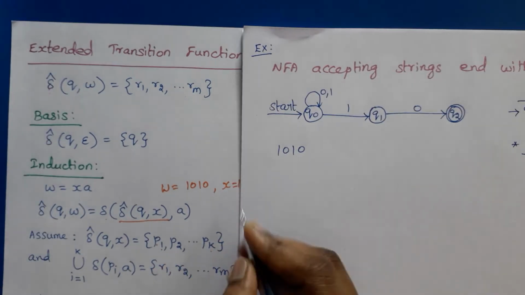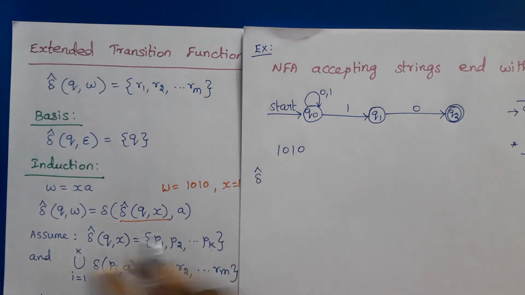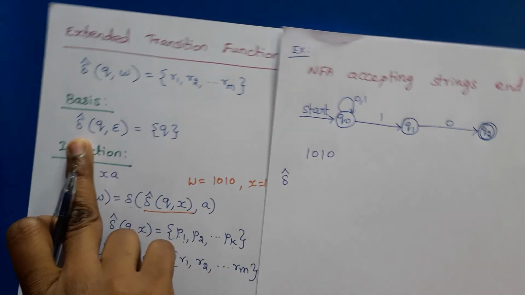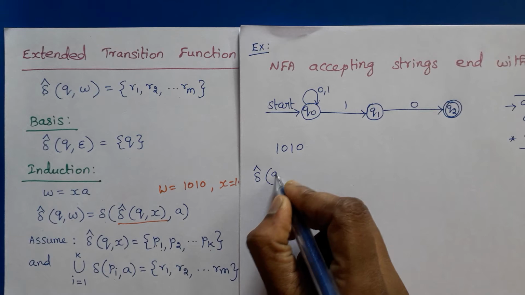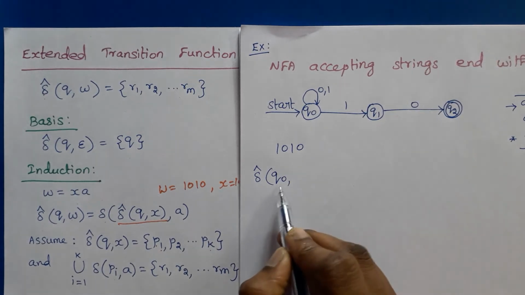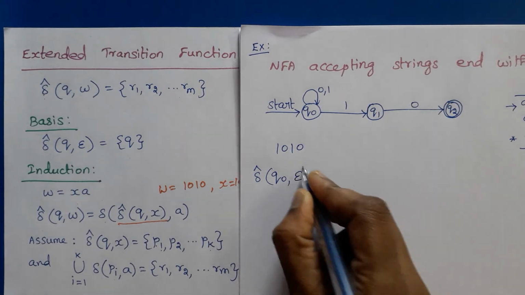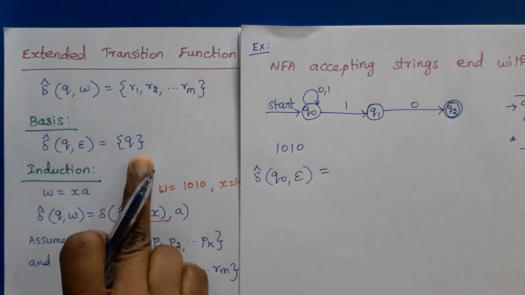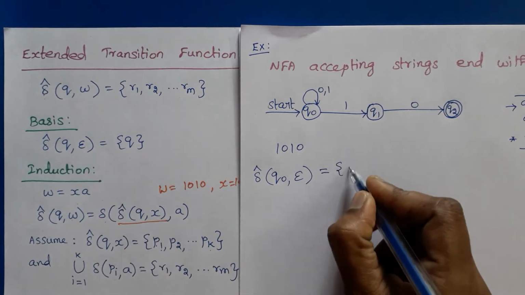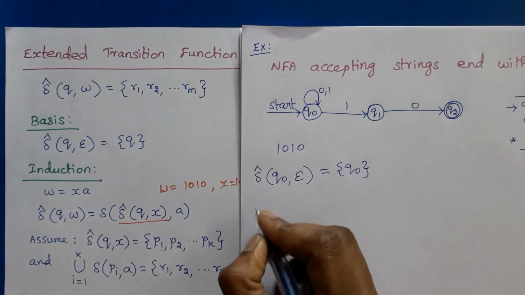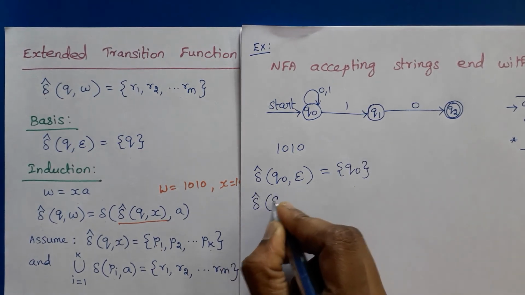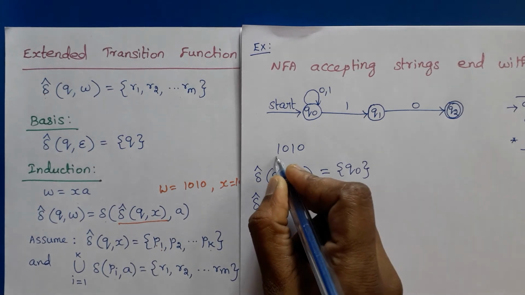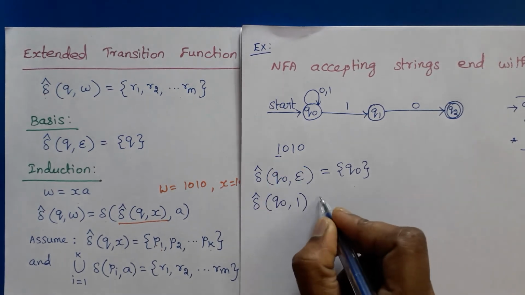So initially we have to consider the basis case. So delta cap of Q0, since Q0 is the start state, we write Q0 comma epsilon, the input string epsilon. So Q0 comma epsilon means Q0. Then delta cap of Q0 comma 1, we have to consider the first symbol 1.